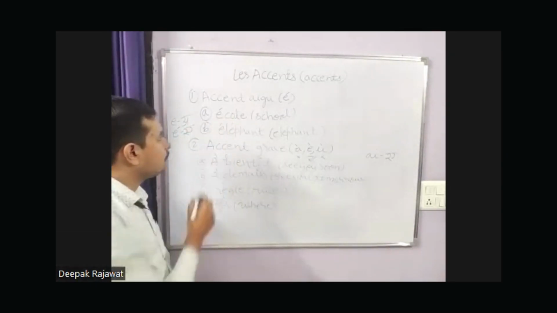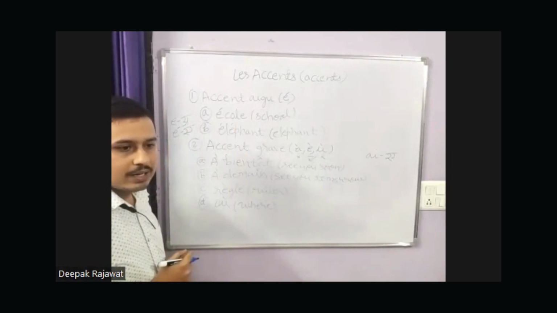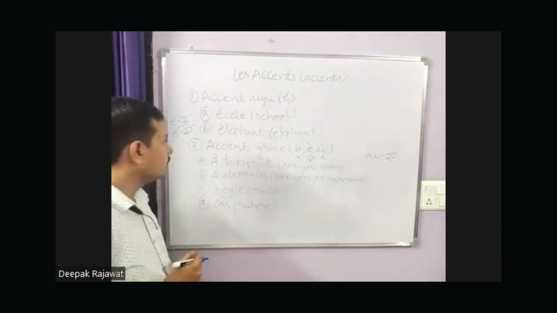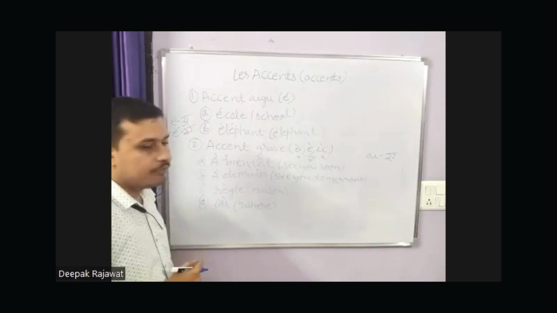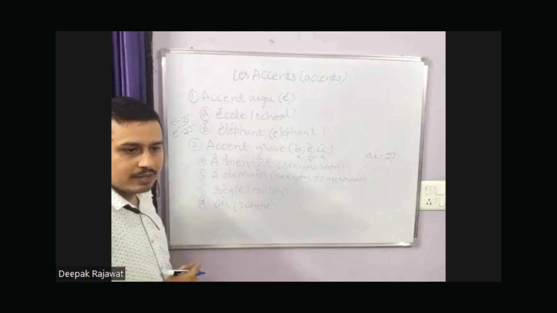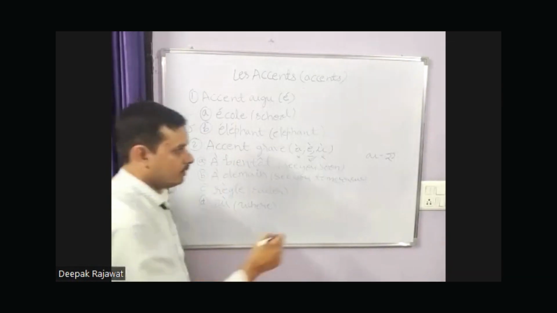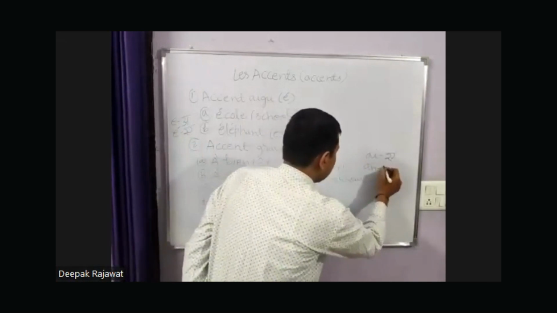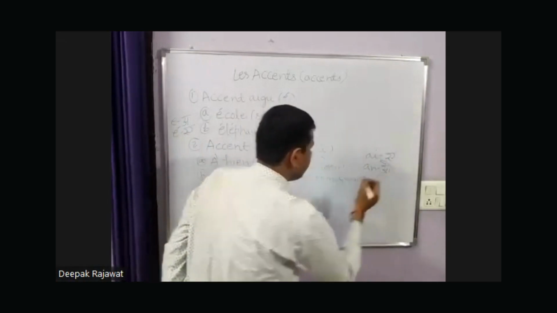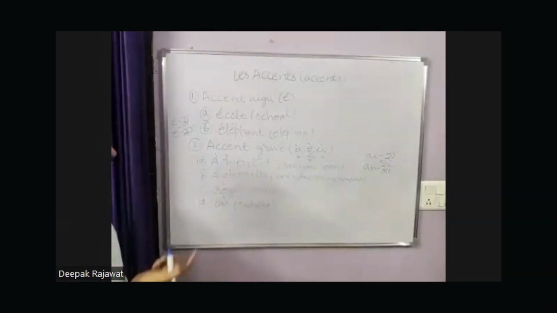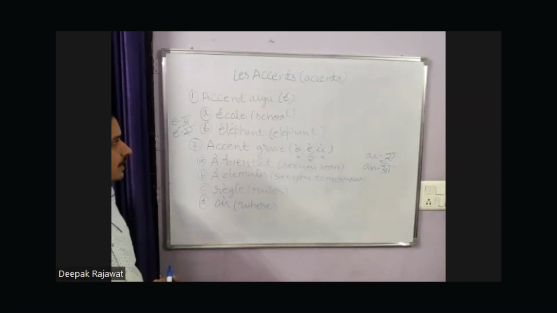Here we have example, école. École is school. Then second example we have éléphant. Éléphant is elephant. In French, we make combinations of letters. If AN is there, we pronounce it on. AI is eh. So this is our first accent.